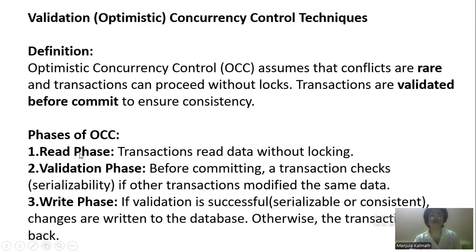So in the schedule, we have multiple transactions coming for execution, T1, T2, up to Tn. The system will not put any lock, meaning it does not separate the read and write operations, as if all the operations are only for reading purposes. So it allows all the transactions to execute.